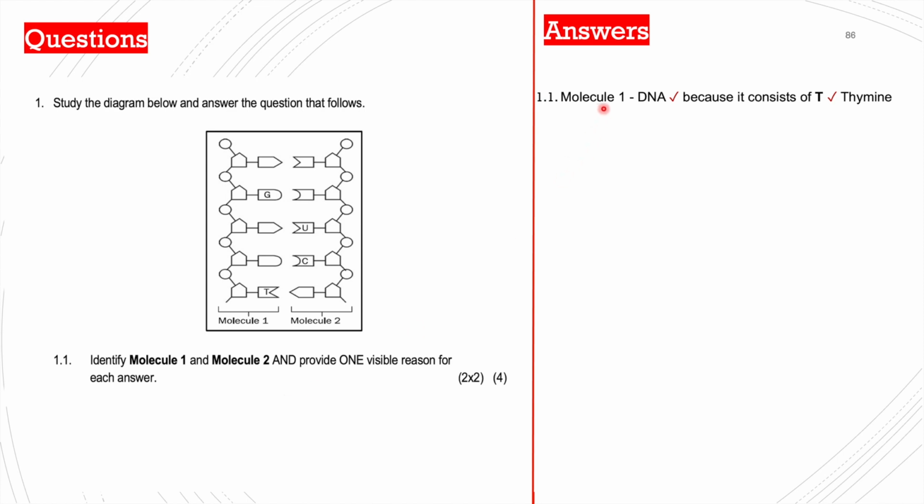So molecule 1 is DNA because it consists of thymine as a nitrogenous base, and molecule 2 is RNA because it consists of uracil as a nitrogenous base. So that's where we get our 4 marks.